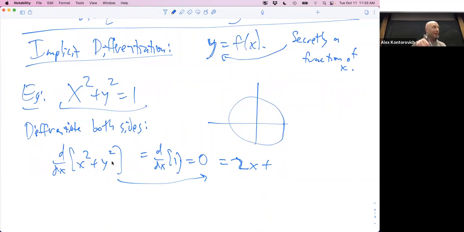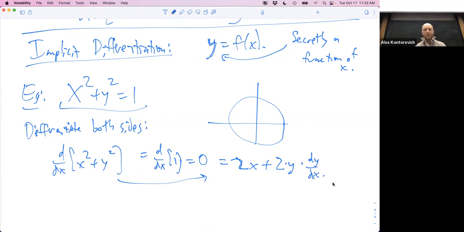Y is implicitly a function of x. Beautiful. So the chain rule says y is a function of x, and then we're taking a function of that. So let's just apply the chain rule. The derivative of something squared is 2 times that something, and the chain rule says times the derivative of y itself, which is just dy/dx.